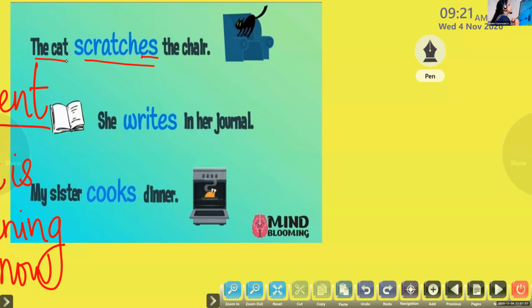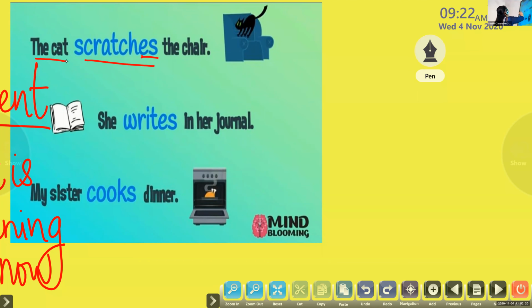If it is present tense form, we know that it is what is happening now. It depends upon the subject. If the subject is singular, what do we have to do to the verb? Add s or es to the verb. Okay, if the subject is plural, keep the verb as it is.